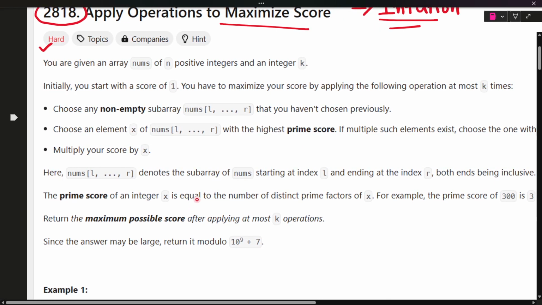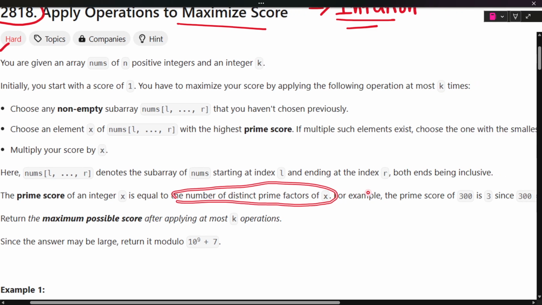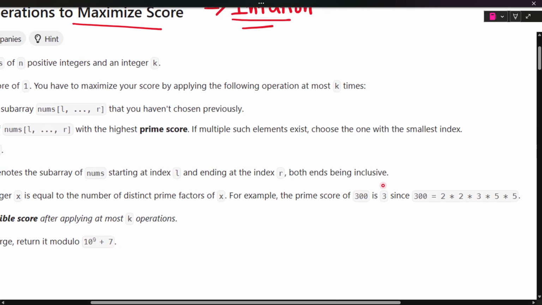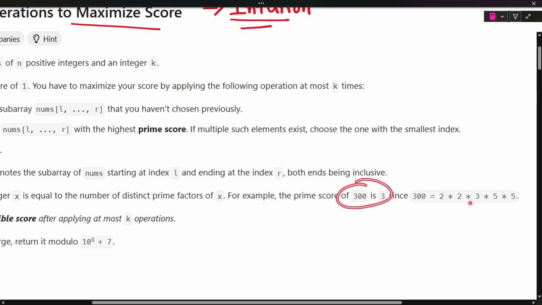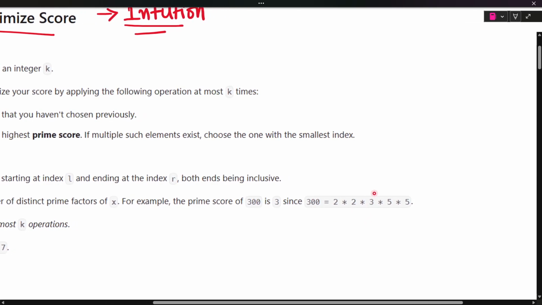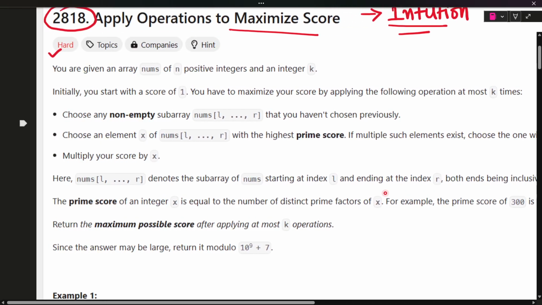The prime score of integer x is equal to the number of distinct prime factors of x. For example, the prime score of 300 is 3. Why? Because as you can see, this is the prime factorization and it has only 3 distinct primes.